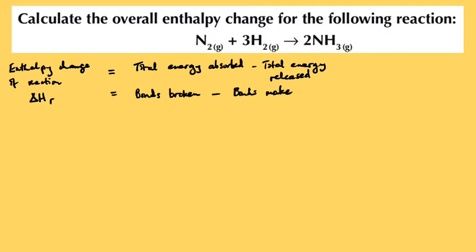So delta H of the reaction is going to be the energy to break the bonds minus the energy that's given out when the bonds are made.